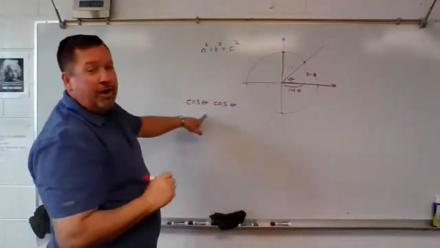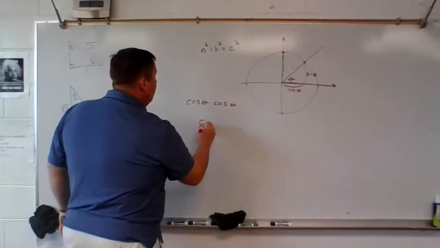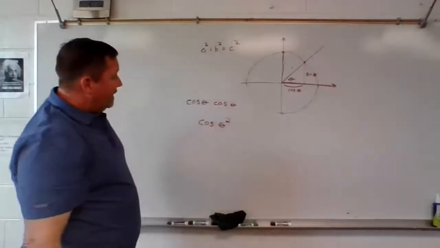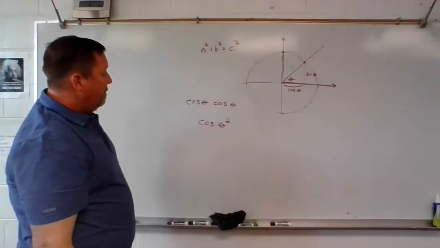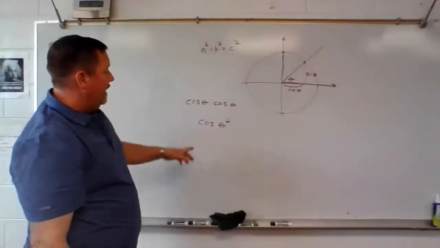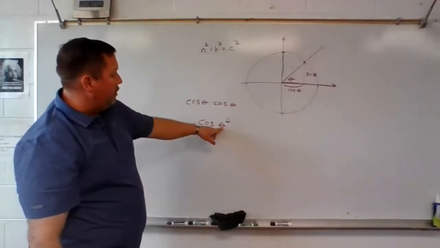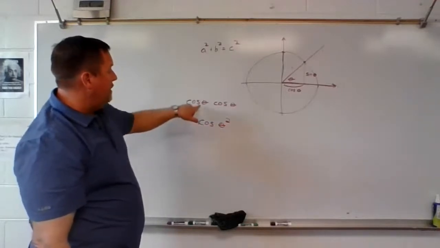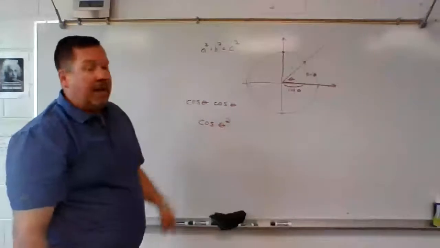If I were to try to write that like that, I might get a little confused and think, oh, first I'm just supposed to square this angle, then find the cosine. It doesn't mean that. It means find the cosine and multiply that by itself.